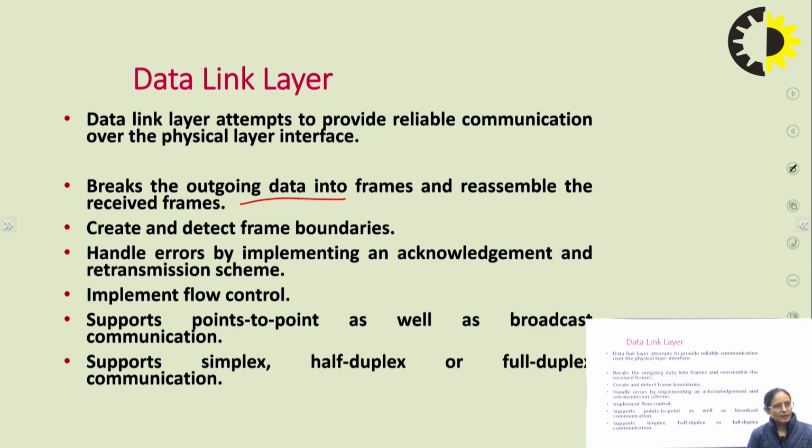It creates and detects frame boundaries, and handles errors by implementing an acknowledgement and retransmission scheme. It basically supports P2P, that is point to point, as well as broadcast communication. It also supports all three types of communication: simplex, half duplex or full duplex communication.